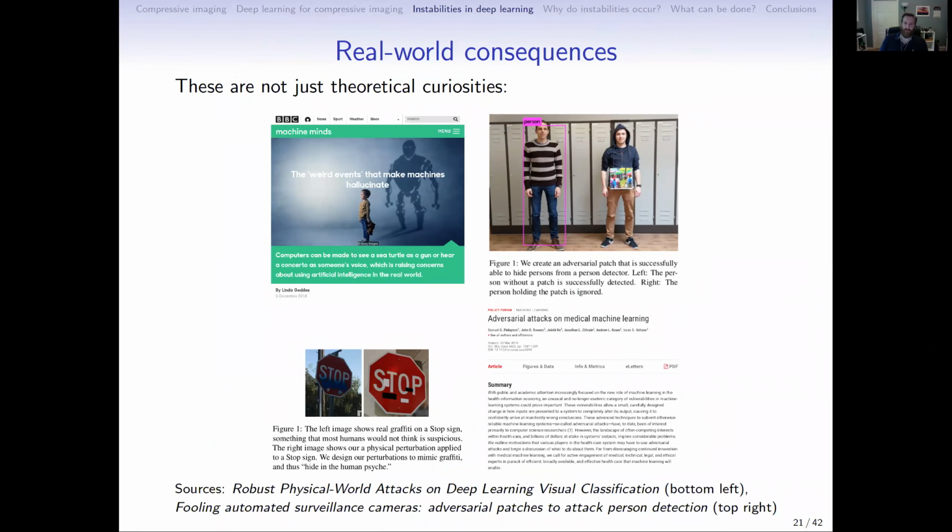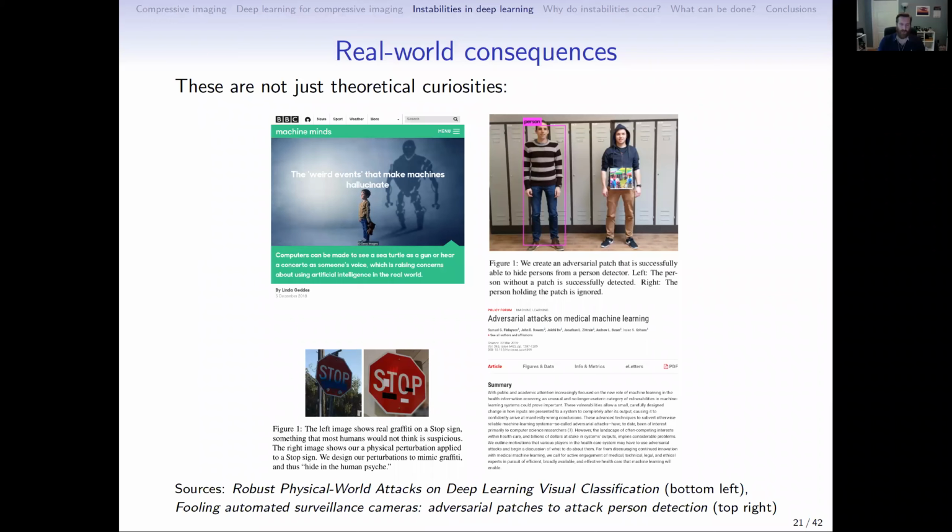So I think what's important to point out while we're doing this detour into the classification problem is that these are not just theoretical curiosities. These play into this general sense that decision-making using deep learning algorithms is mysterious.